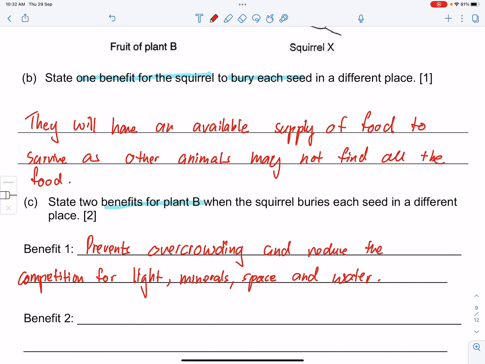So this needs to be explicitly there whenever you write about overcrowding.